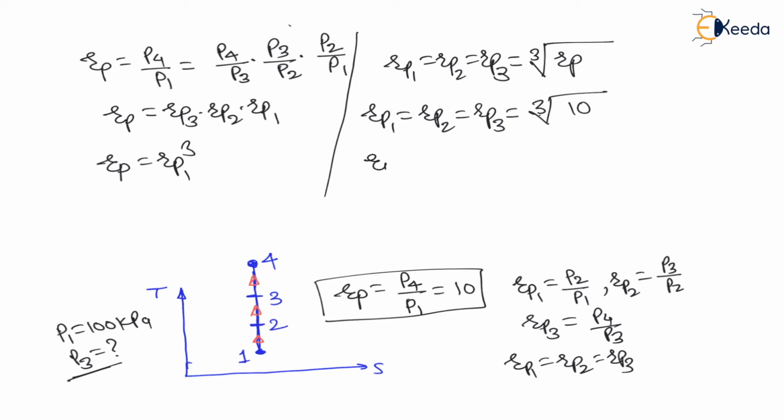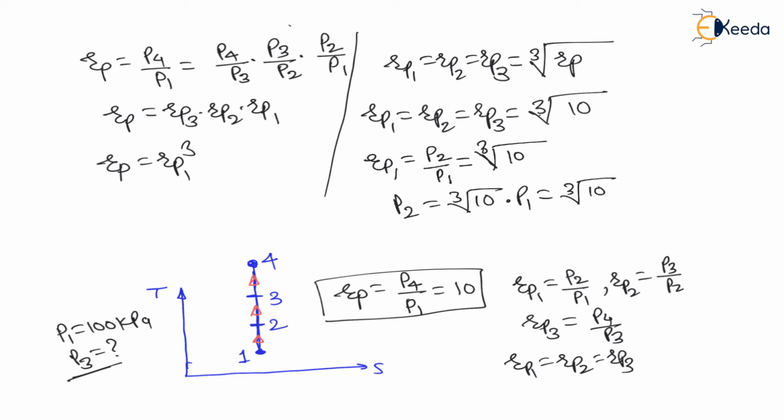Therefore RP1, which is nothing but P2 divided by P1, is the third root of 10. Therefore we can say P2 is equal to the third root of 10 into P1. P1 is given as 100 kilopascal. It is given in the data. The answer will be in kilopascal.